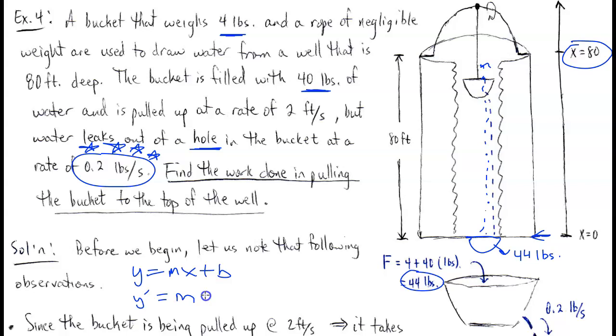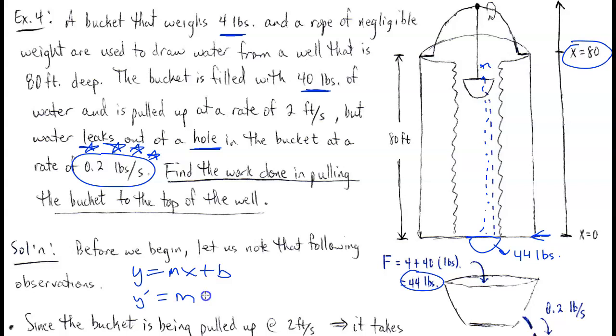Okay. So I'm saying all that to say that before we even jump into this problem, one of the things we know is that the force of the bucket, aka the weight of the bucket, is going to change, and it's going to change linearly.